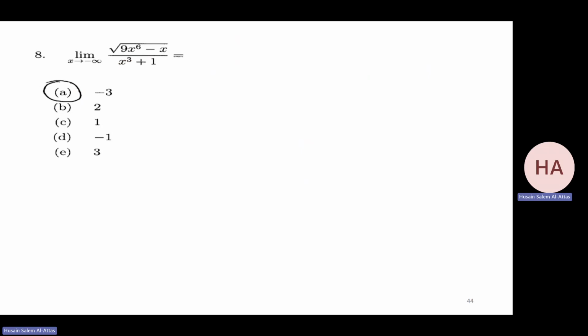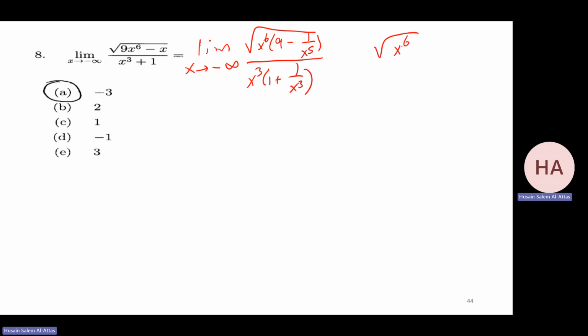This one, you need to take common factor. Will be limit x goes to minus infinity. X to the power 6, 9 minus 1 over x to the power 5, over a half x cubed, 1 plus 1 over x cubed. Be careful, square root of x to the power 6 is absolute value x cubed.